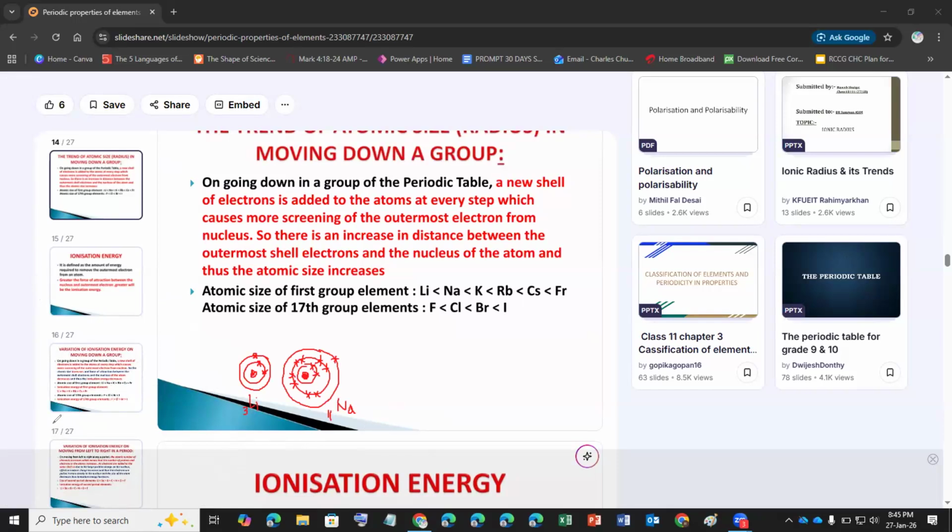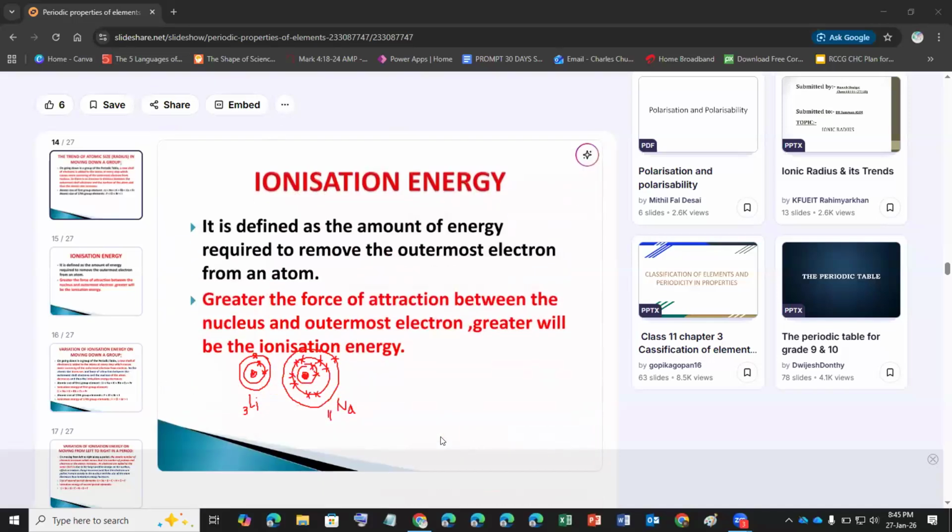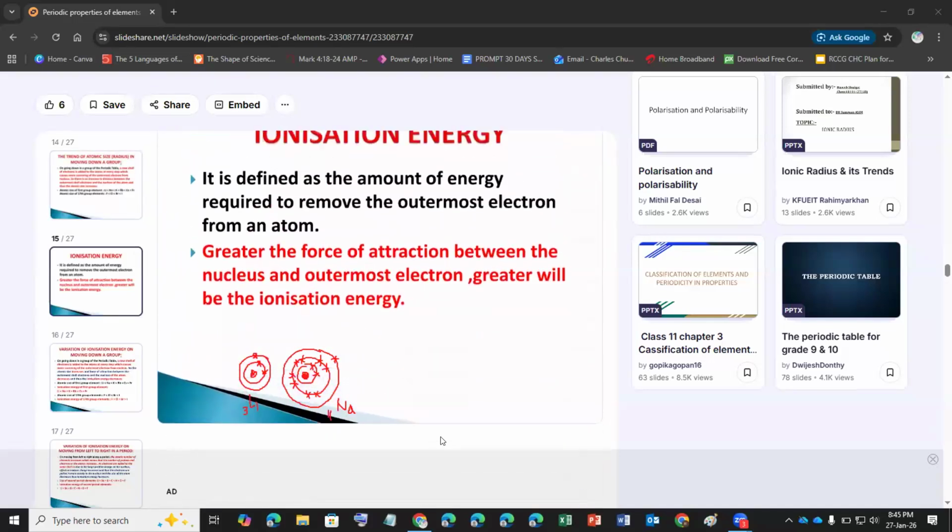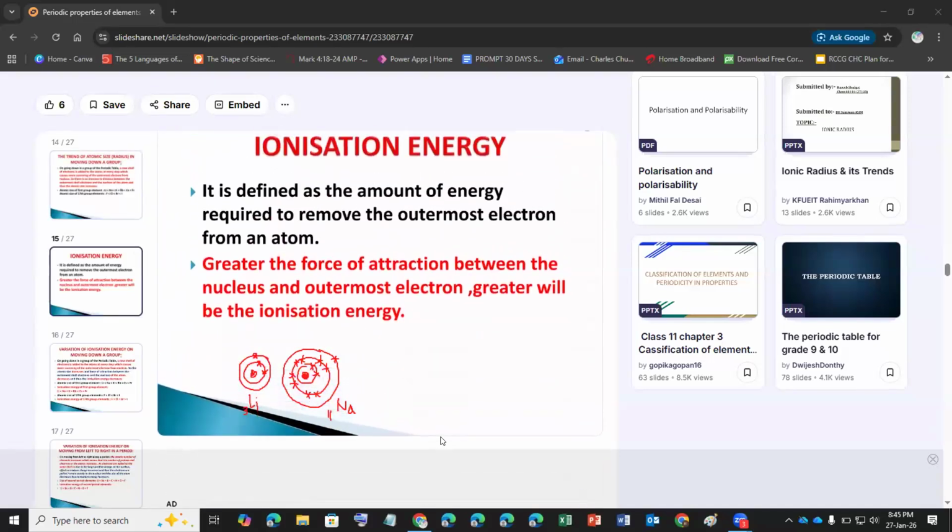Okay, now hold on. I want you to reason this thing together with me. Let's be on the same page. Let's look at the meaning of ionization energy again. Ionization energy is defined as the amount of energy required to remove, in other words, to extract, the outermost electron from an atom.